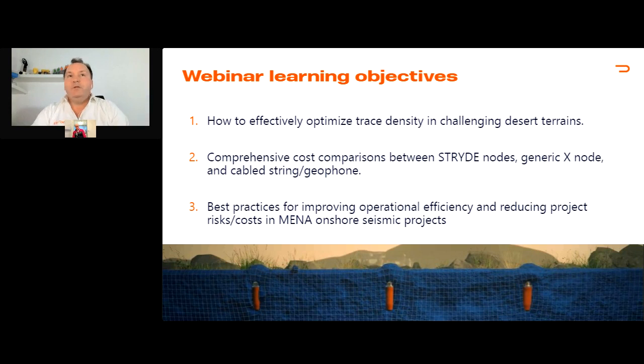The webinar objective is based on design, trace density, density of receivers, density of source points, in our case VP source points. We will look at how we can compare a cable crew, cable on geophone string, with what we call a generic X node and the Stride node.